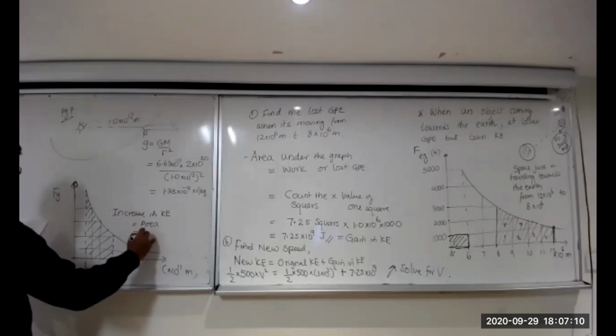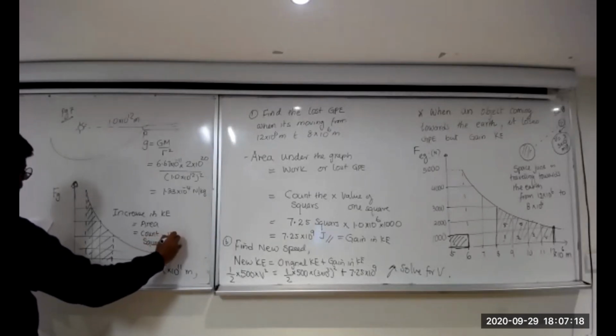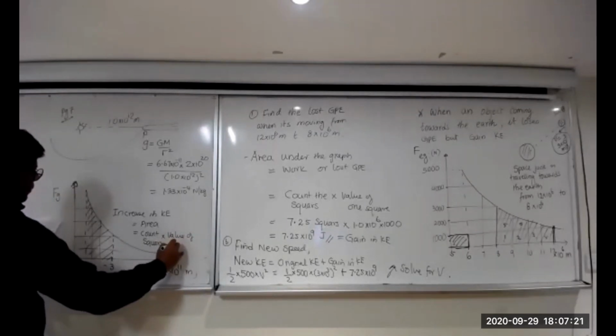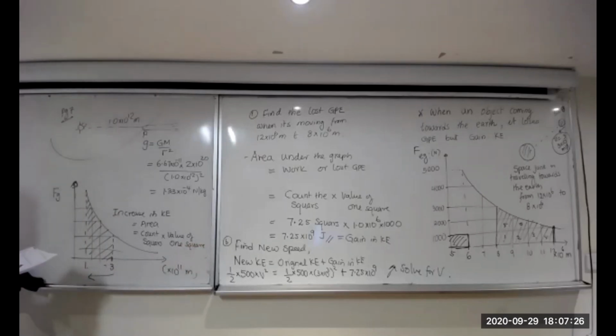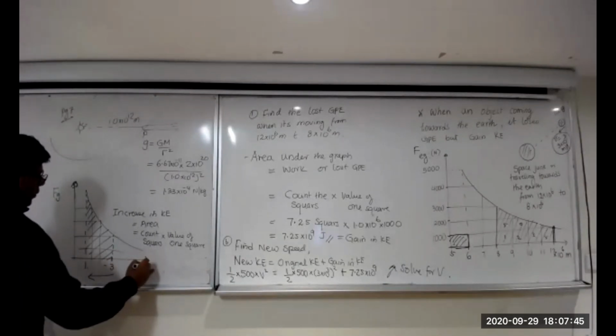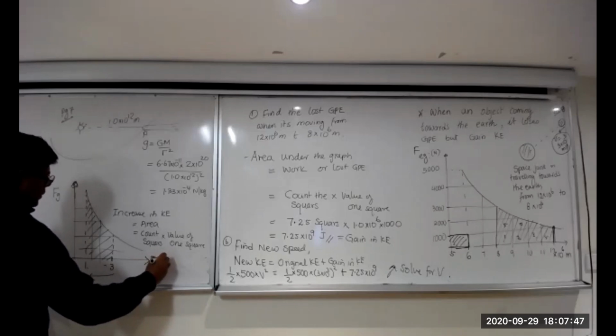So count the squares, times by the value of 1 square. Count the squares times by the value of 1 square. It looks like about 4 squares. I don't know what to count. You guys count it. Roughly about 4 squares.